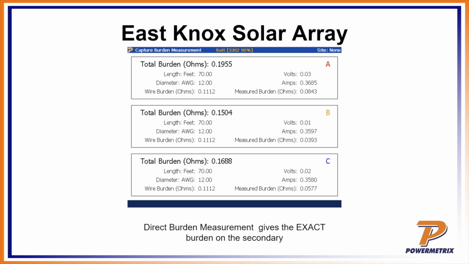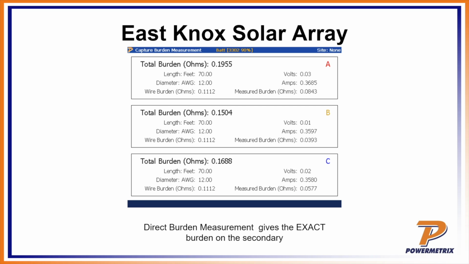And so for this particular site, we have somewhere between about 0.1 and 0.2 ohms. These transformers are big enough so that probably shouldn't be a problem. It's very consistent. A lot of times on sites, transformer rated sites, you may have loose connections. Loose connections are one of your biggest enemies in terms of adding extra burden.